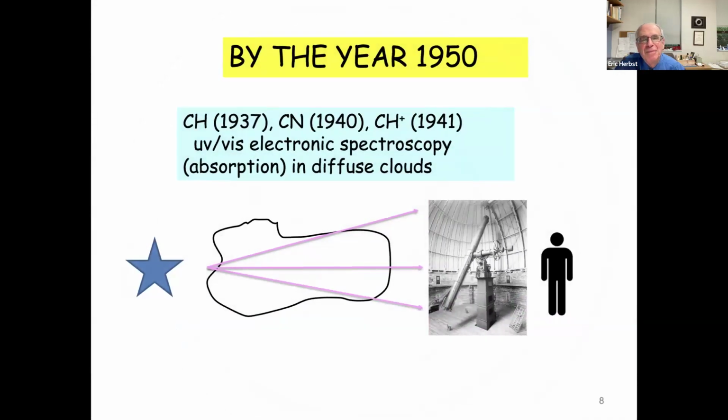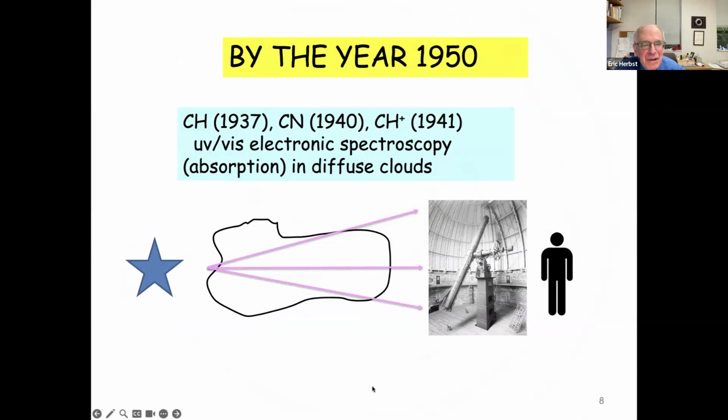But then we can jump a long way into the year 1950. In 1950, or around that time, slightly before, 1937 to 1941 to be exact, there were three very unusual molecules, and they are in diffuse clouds.